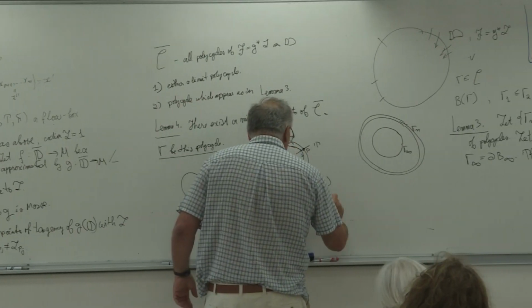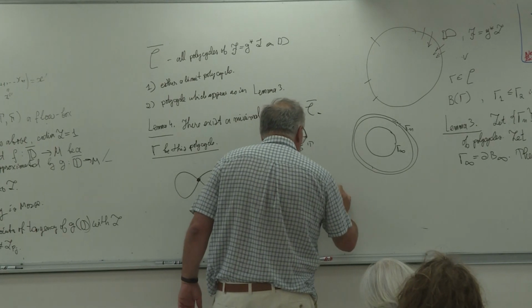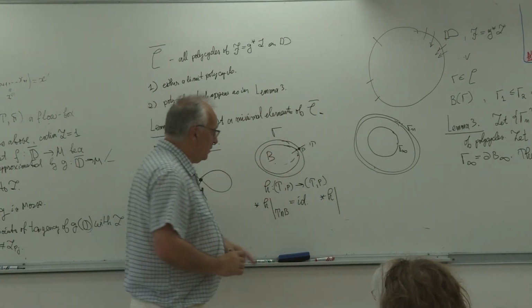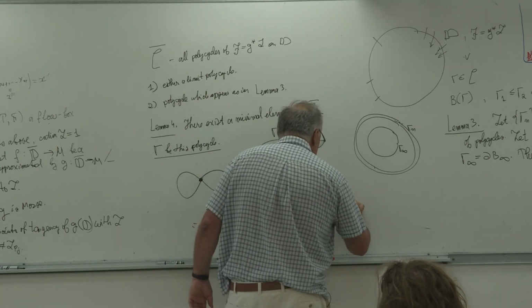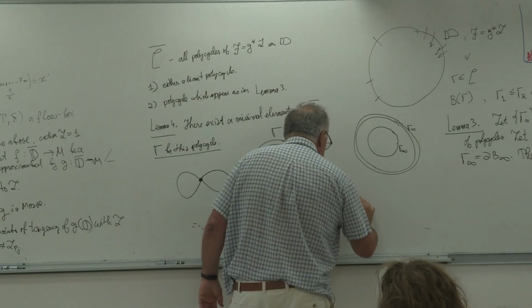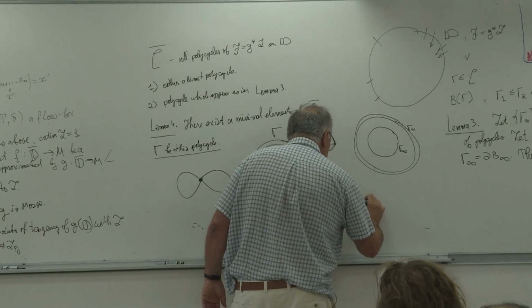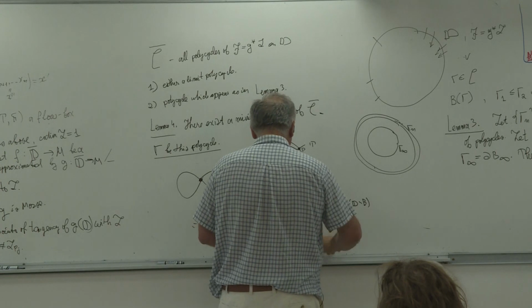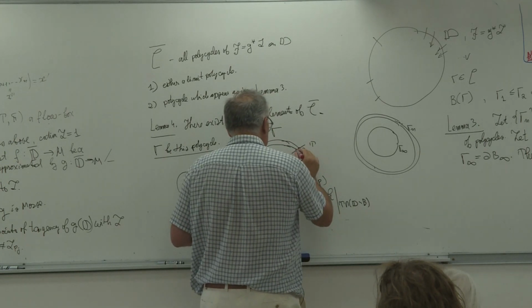And the second remark is that if you restrict this map from this side on T intersection of D minus B, so here it was identity.